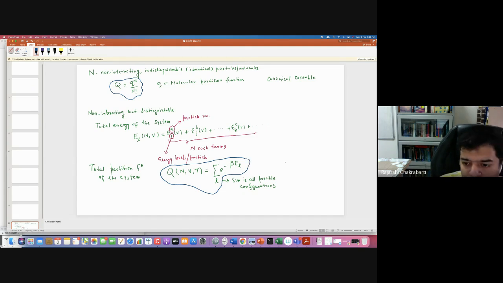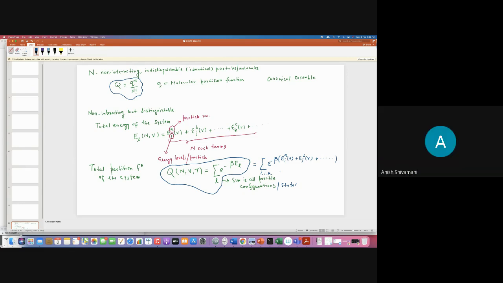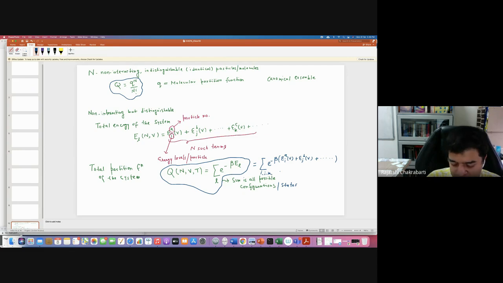Now, of course, if I expand this, I can write it as exponential of minus beta times epsilon_I^A, epsilon_J, and I'm not writing other terms. And then this sum over all possible configurations or possible states, I can replace with a sum over the particle level energy states. You understand what I'm saying? Essentially, it is equivalent to saying this.